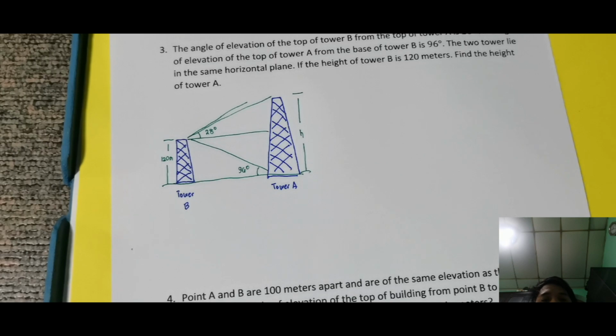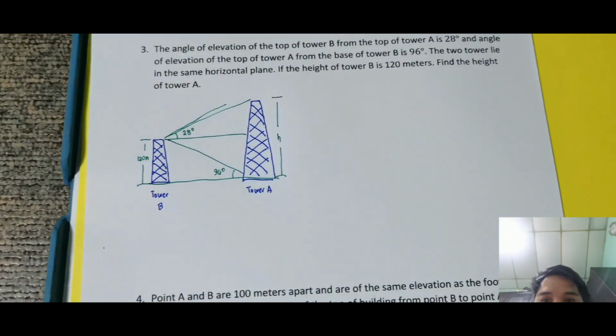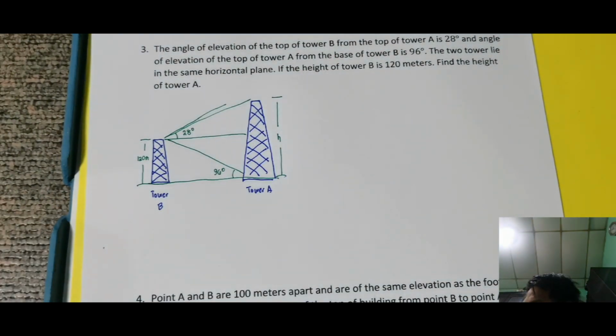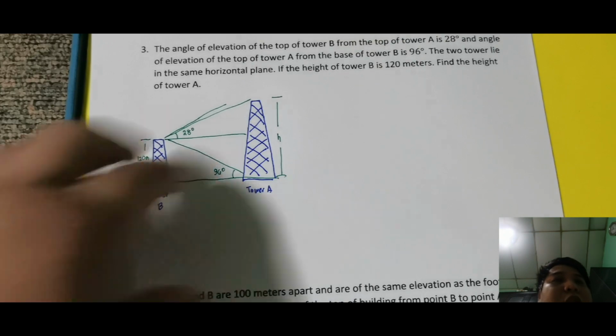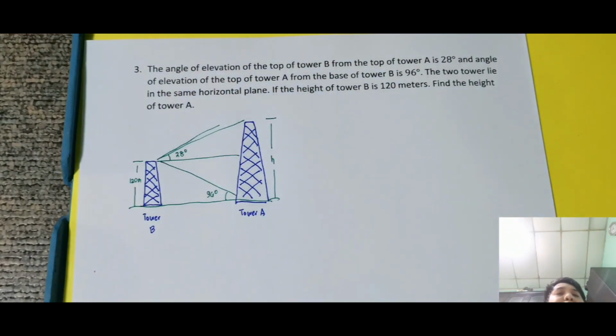Baliktad ako, sorry. Ang sabi pala, if the height of tower B... ulit ko yung drawing. So the angle of elevation of the top of tower B from the top of tower A is 28 degrees.